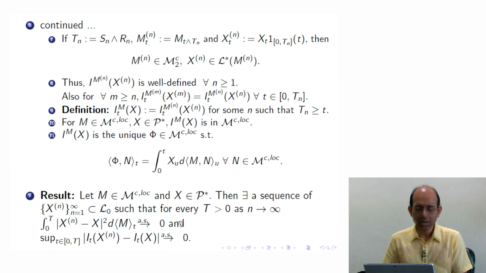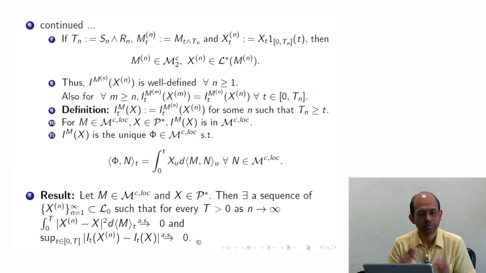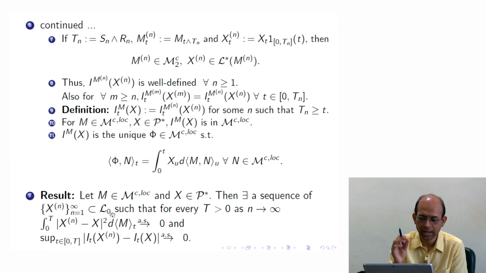And for the corresponding integrals, I_t(xn) and I_t(x), you take the difference. Earlier we showed that the expectation of the square goes to 0. But here we have a stronger result: if we consider the sup norm of that, it also converges to 0 almost surely. So it converges uniformly almost surely, right? The sup norm is going to 0, correct? This is a function of t, and this is also a function of t; we take the sup norm of the difference, and that goes to 0.